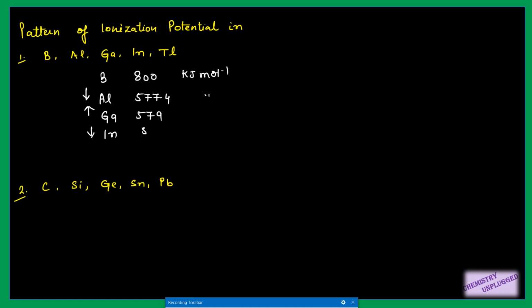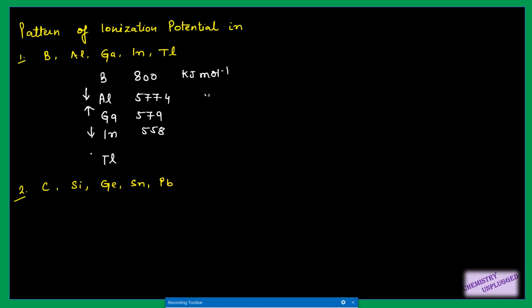It has 558 kilojoule per mole. So again the size increases, and the increase is sudden and large, right? And that is why the control of the nucleus on the outermost electron decreases. Then next we have thallium.